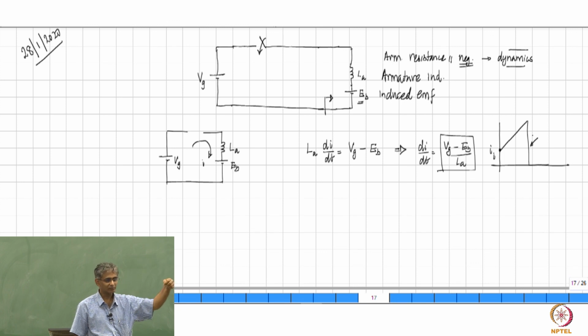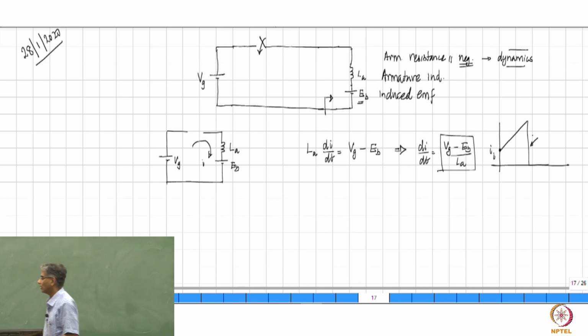It will result in a spark if it's a mechanical switch. But we cannot use a mechanical switch here. We will use an electronic switch, and a huge voltage comes across the electronic switch. The switch will burn. Okay. So that's not at all a good idea to interrupt inductor current like that.